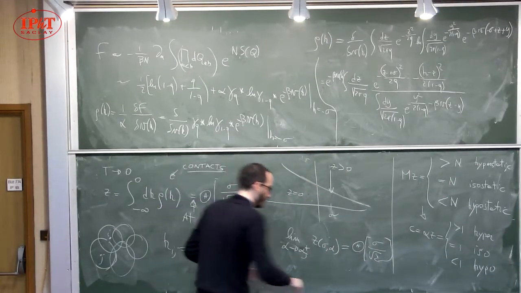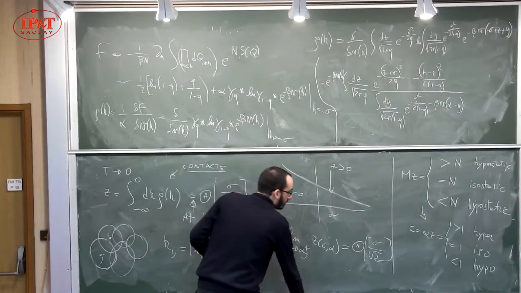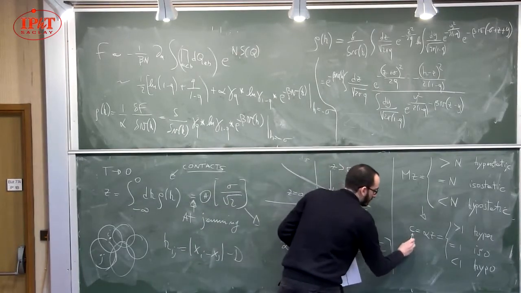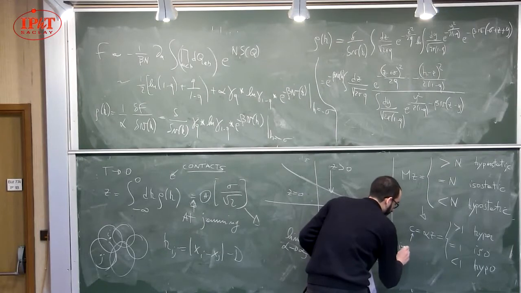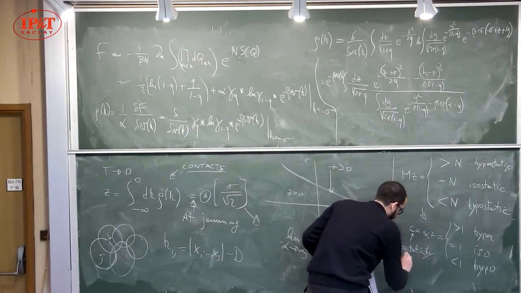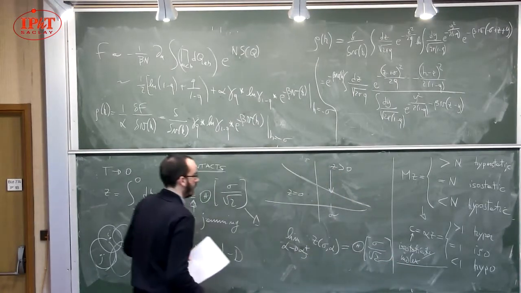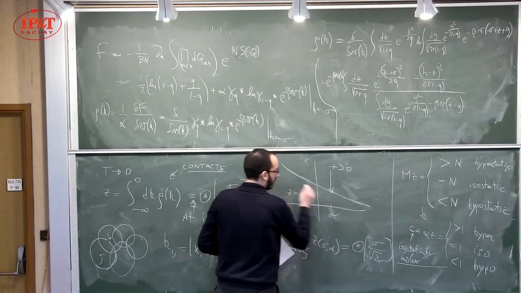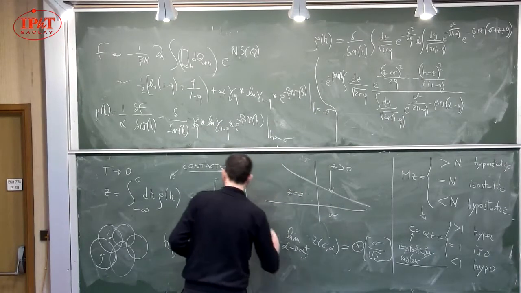Okay. And so you can plot this, we call this the isostaticity index. And you can plot it along this jamming line.